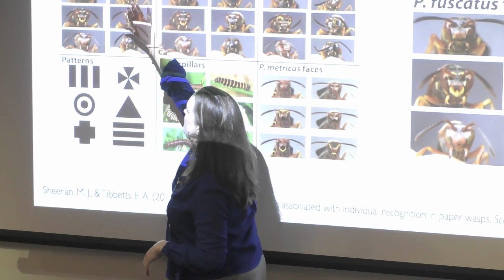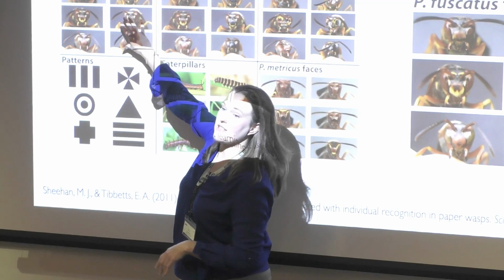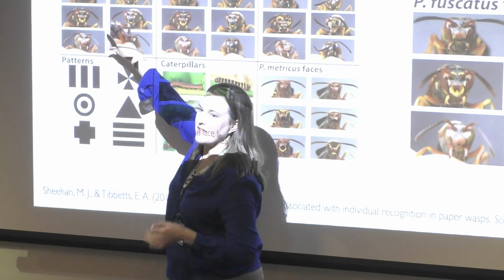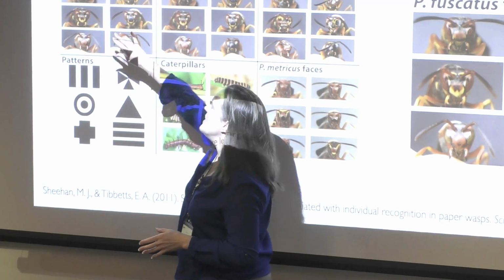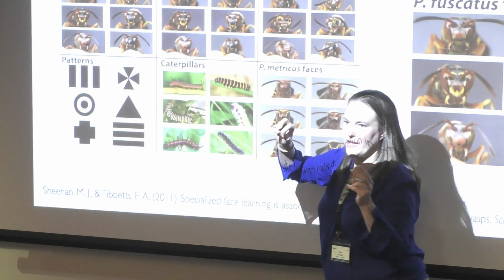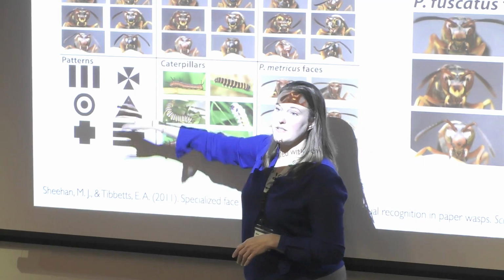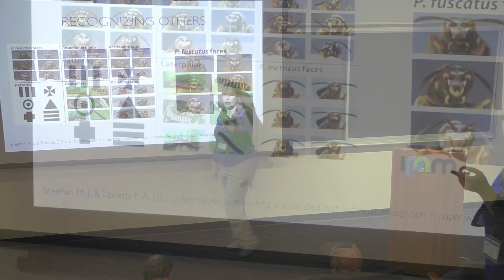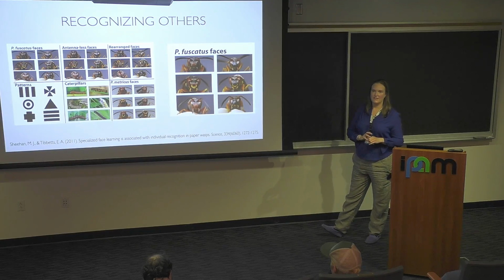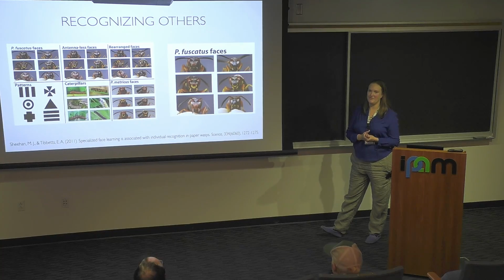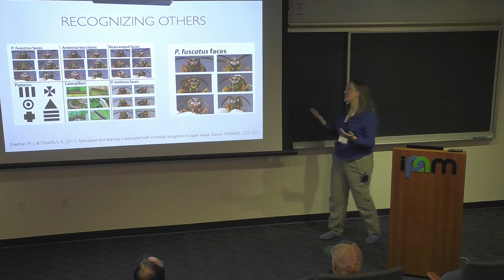They can do that much faster with faces of wasps of the same species that are in their natural configuration. Yeah, so they're all photographs. I was just wondering how you check whether they know that they're different or not. So your shock task. Always a shock task. Yeah, it could be.